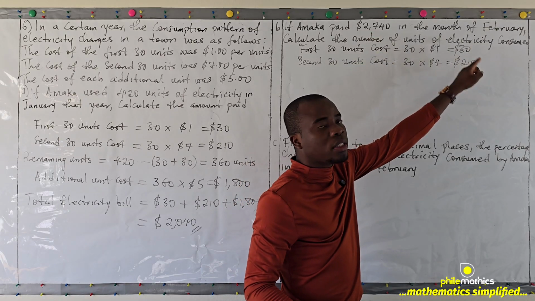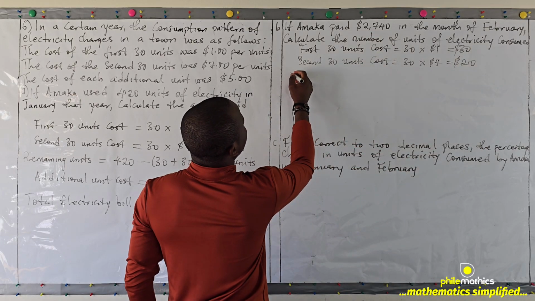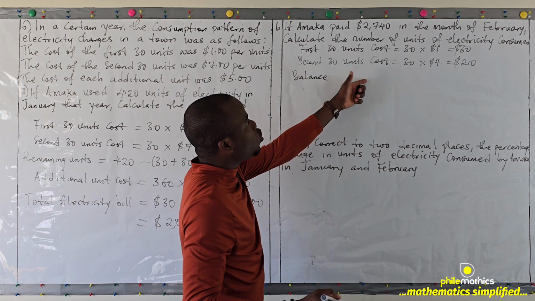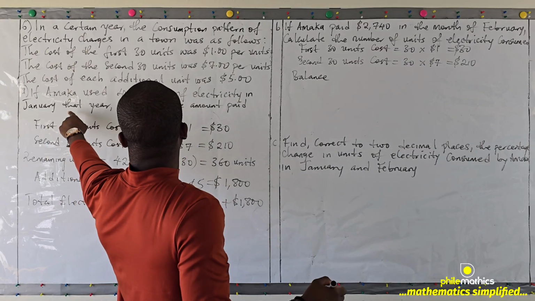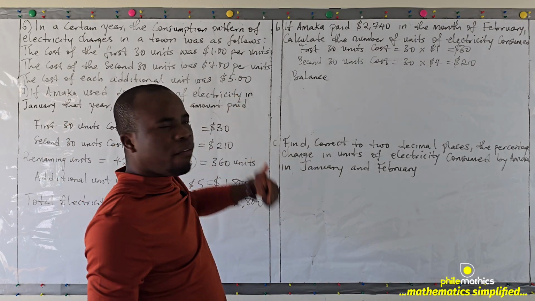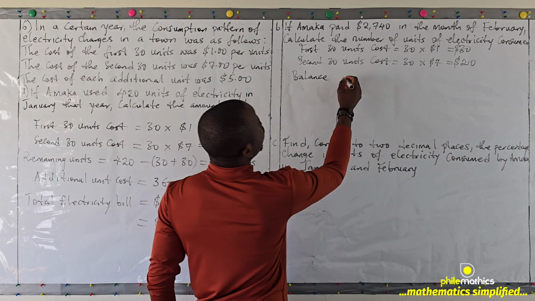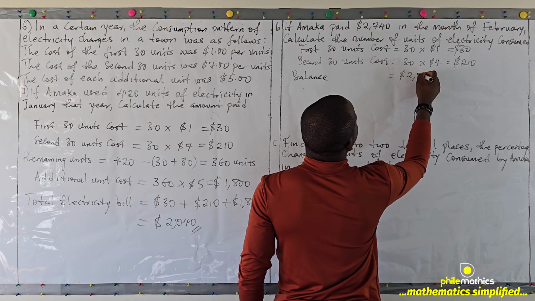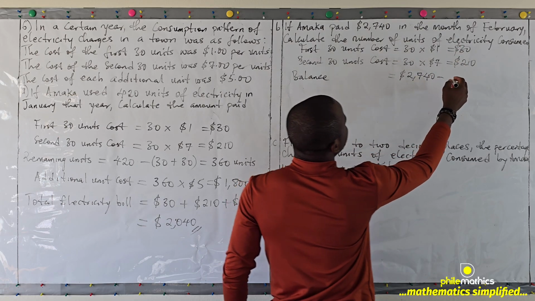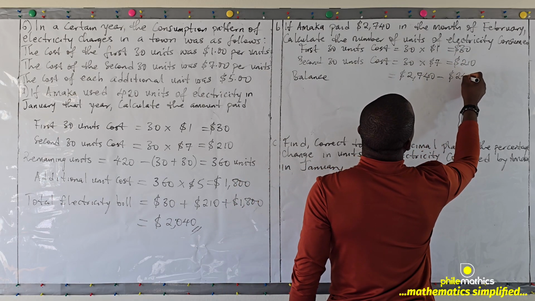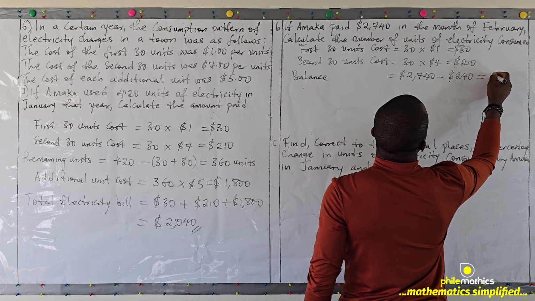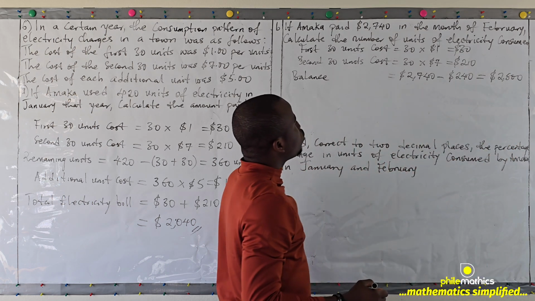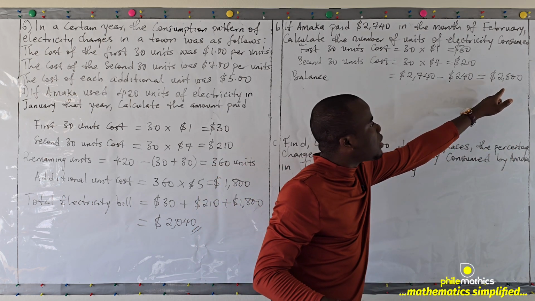So this is 240. So the balance, we need the balance to calculate the number of units she used using the additional unit that cost $5 per unit. So the balance will be $2,740 minus this $240, and this should give us $2,500. So the balance is $2,500.